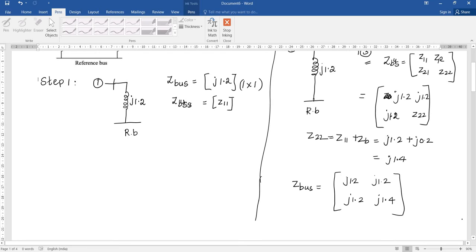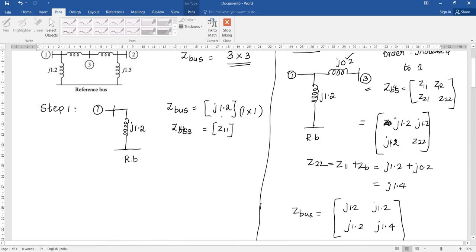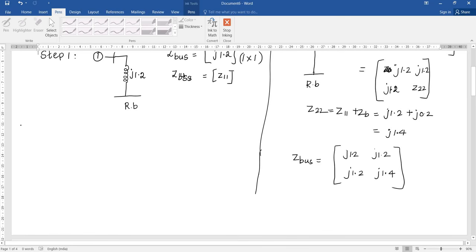This is the step number 2. Now what is the third step? Here bus number 3 is connected to bus number 2 by the element j0.15. So this is the step number 3.